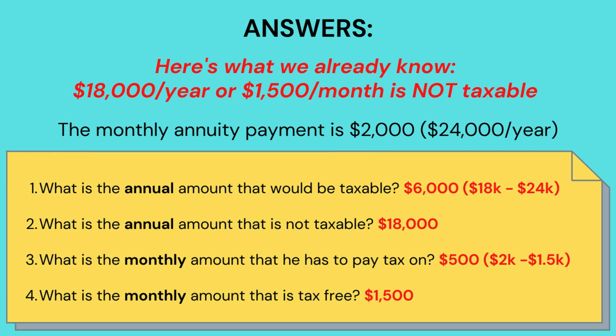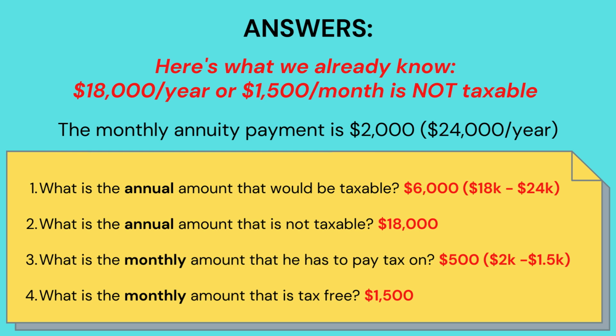Now, number two is asking for an annual amount, but it is asking what part is not taxable. So that's easy. We already established that it's $18,000 by simply taking his lump sum and dividing it by 20. Now, the last two, number three and four, they're asking for a monthly amount. So, again, read the question very carefully.